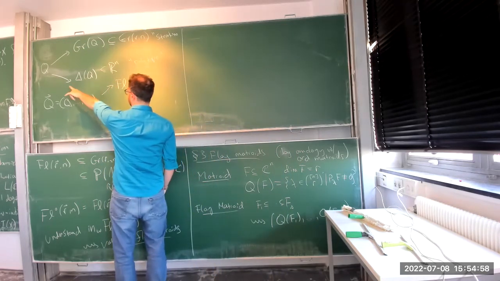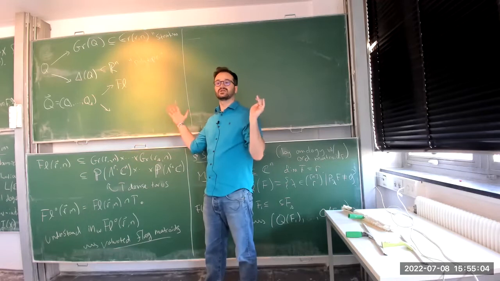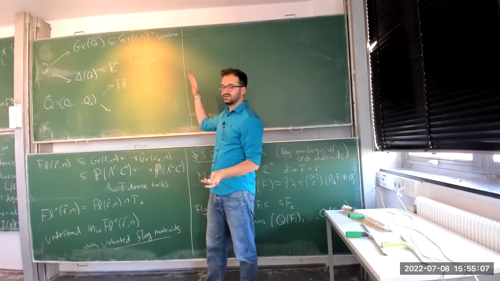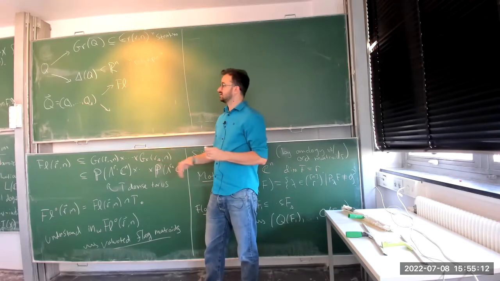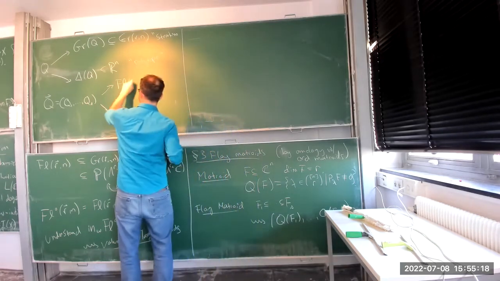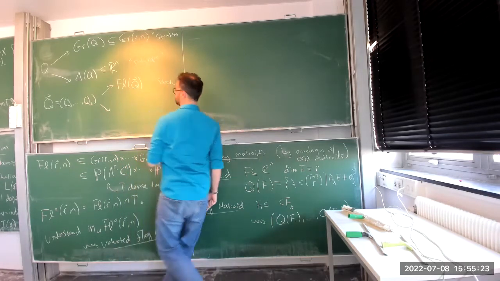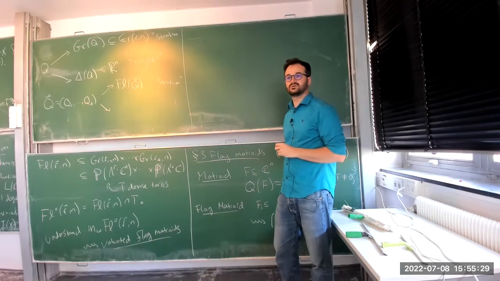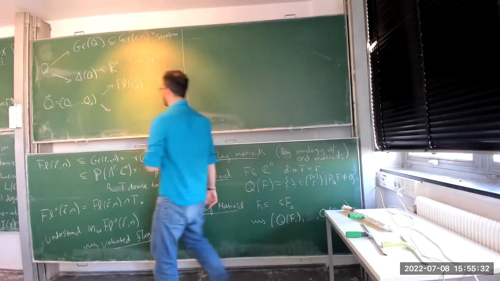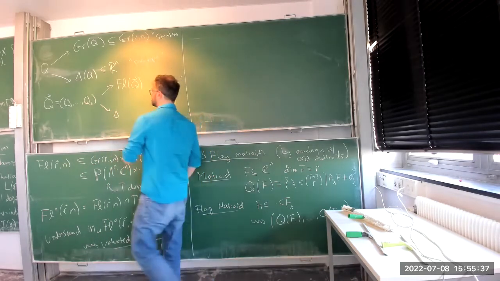Above, when we had just a single matroid, you had some stratum in the Grassmannian, the subspaces that realize that matroid. So the analogous construction for flag matroids is a stratum in the flag variety consisting of the flags that realize that flag matroid. The thing that's slightly less obvious is what the polytope should be. And it turns out that the correct generalization of the polytope of a flag matroid is given by the Minkowski sum.